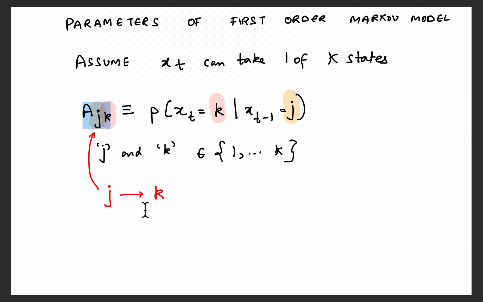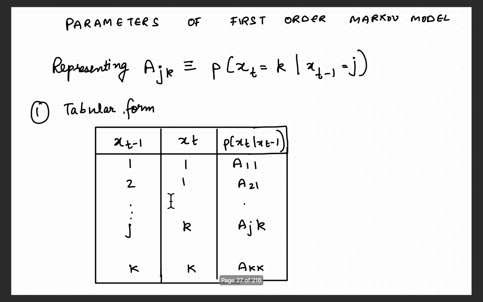A of j of k means the probability of transitioning from state j to state k. Now there could be many ways in which the transition matrix could be represented. We'll be looking at three main ways in which the transition matrix could be represented, and this is very useful to develop a good understanding of the model. The first such way is a tabular form.